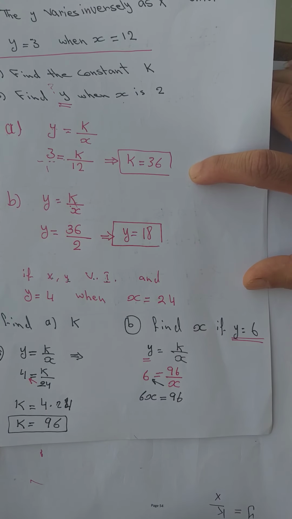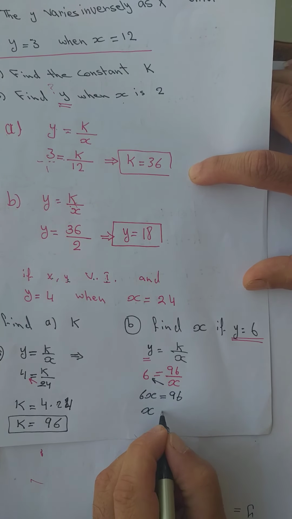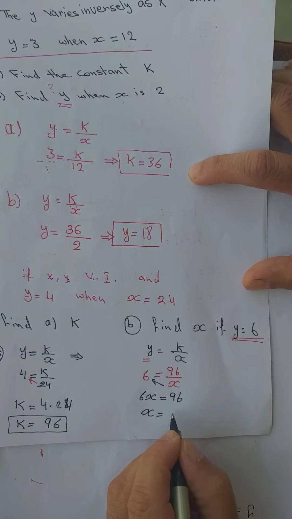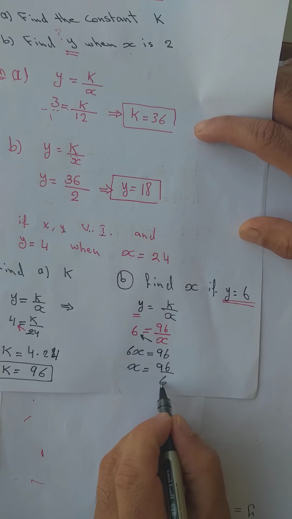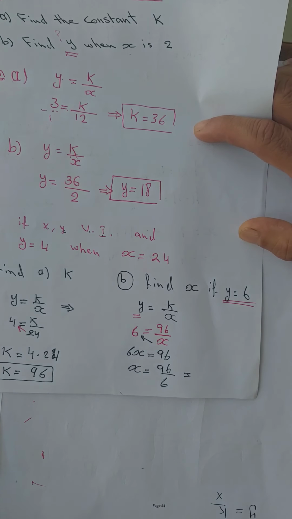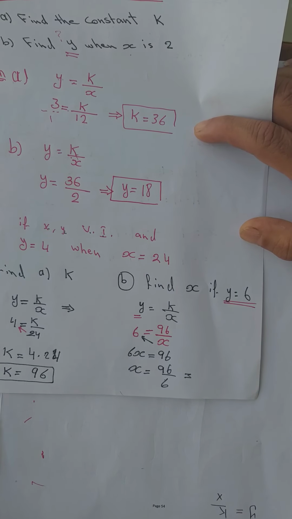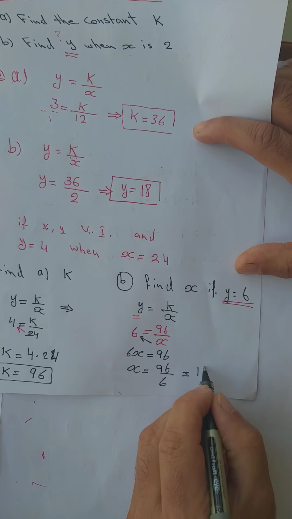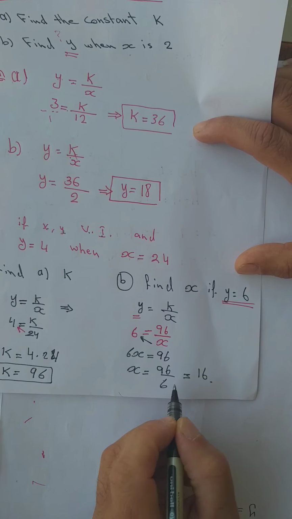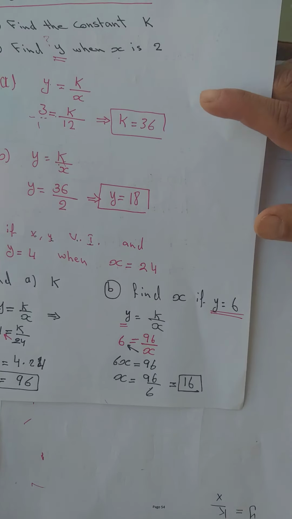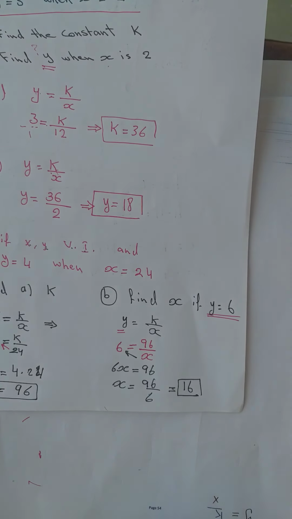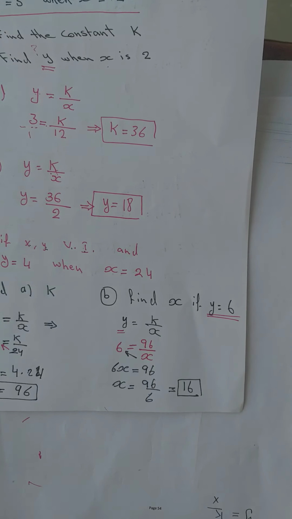Divide by 6, divide by 6. x is equal to 96 divided by 6, 16. Okay, then we have the value of x.